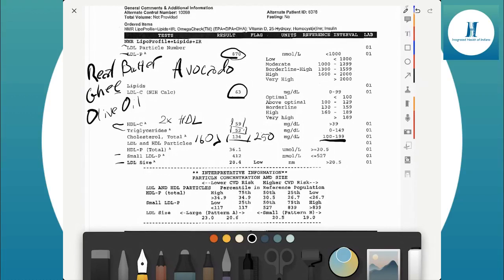What are some other good sources of fats? Bacon. Uncured bacon. Coconut oil. Yep, coconut oil.